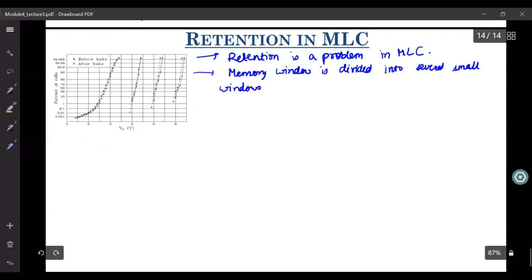And what happens in these small windows? There are intermediate levels, intermediate levels in these small ranges or sub-memory windows.